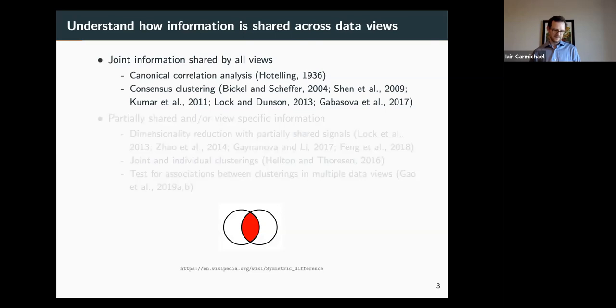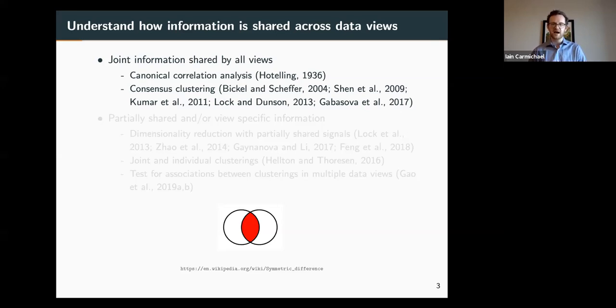I think the most common method that people are familiar with in multi-view data is canonical correlation analysis, which is a dimensionality reduction for two data blocks. It says, okay, I have two data views, and I think there's some kind of joint signal. There's some kind of latent variable that explains the variation in both data blocks.